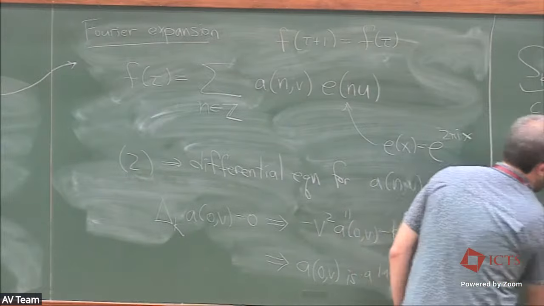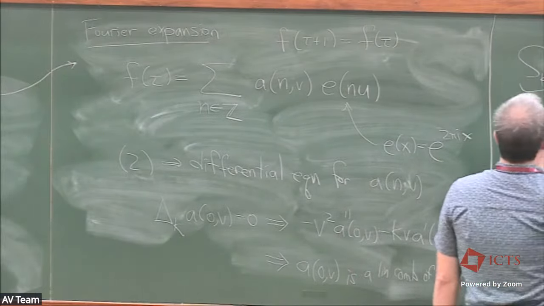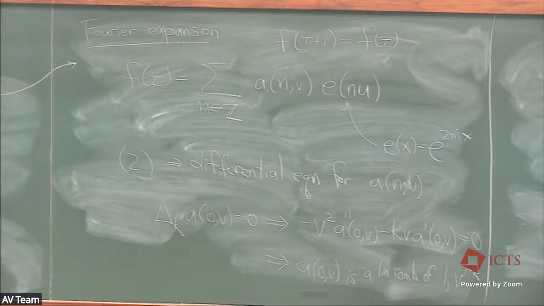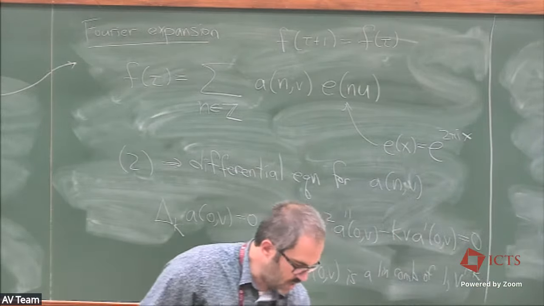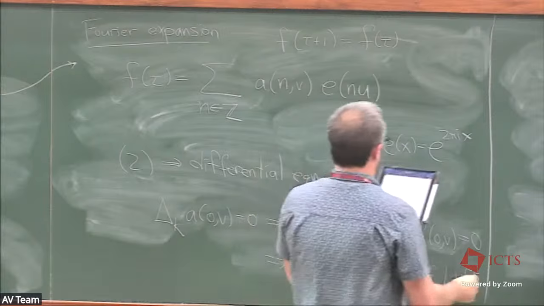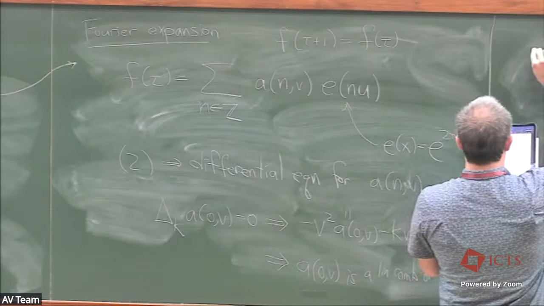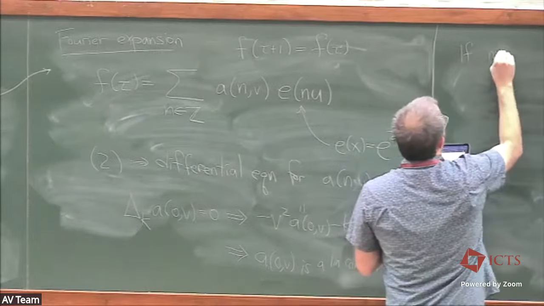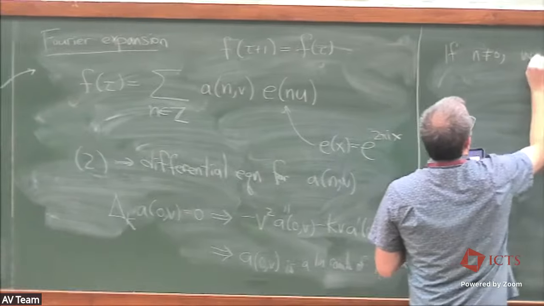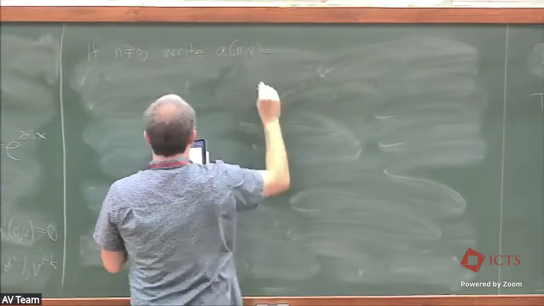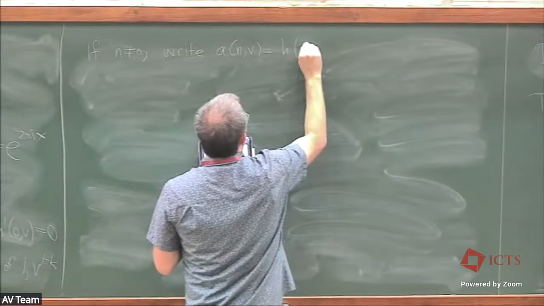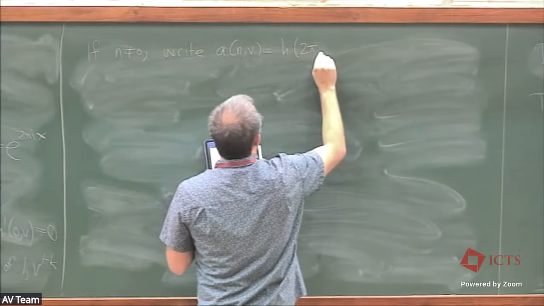And then maybe the more interesting thing is what happens when n is not 0. This one is a little bit more painful to actually work out, but it's not too bad. If n is not 0, let's write a_n(v) as some function h of 2π n v.